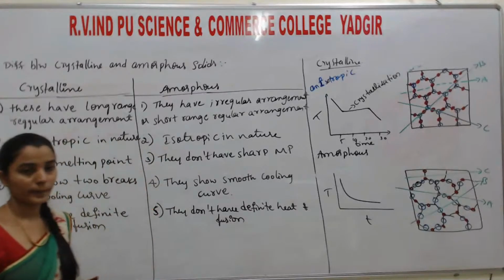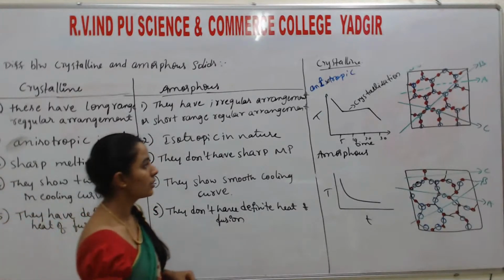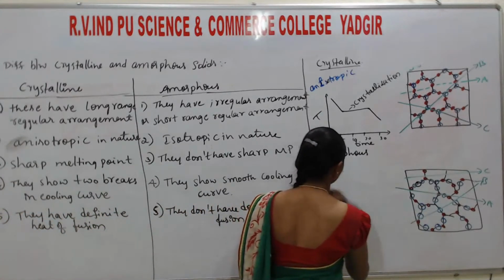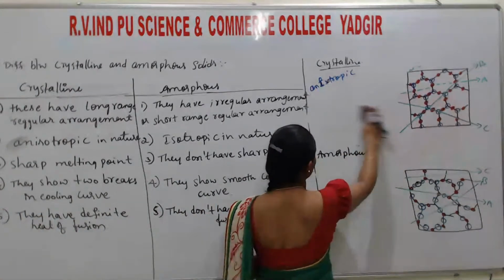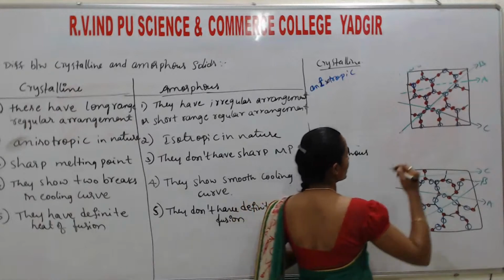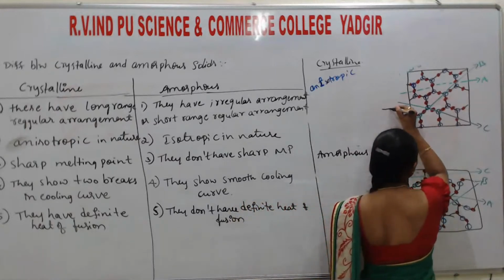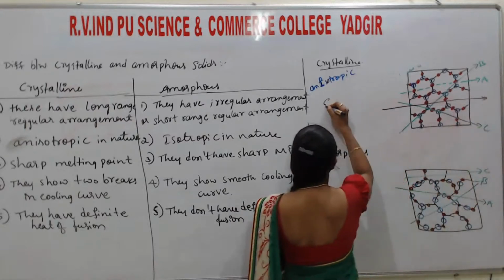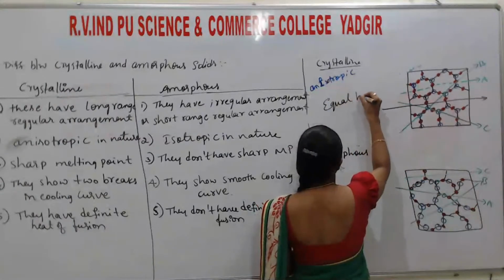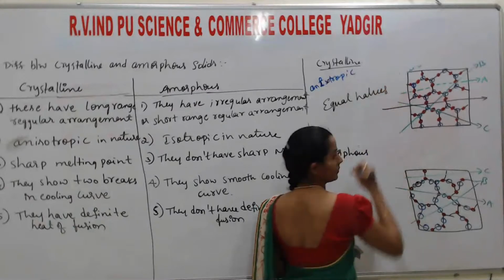Okay, students, the next thing is if we cut the solid, we get equal halves. Correct?